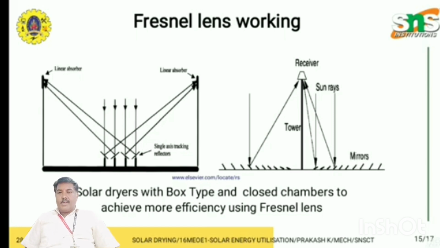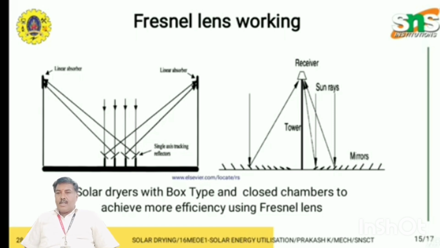In the first picture we can see that all the solar radiation is made to fall on a particular point as it is a linear observer. In the second picture we can see that the receiver is only one, whereas the mirrors, called heliostats, are kept all around the tower.